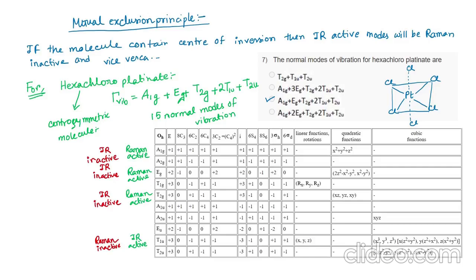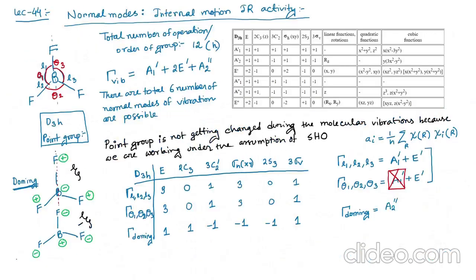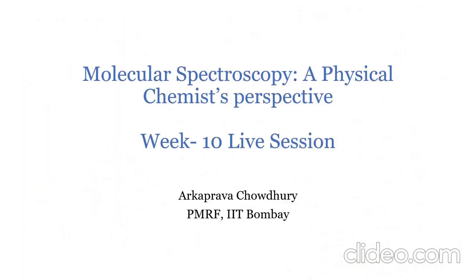So as you can see, what we have found out here: in a centrosymmetric molecule, the mutual exclusion principle is actually playing out. So we have proved that with an example, and I urge you to look at other centrosymmetric molecules and other point groups also. Do we have any other point groups here which have a center of symmetry?